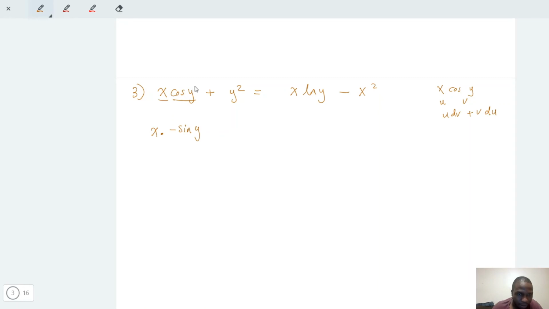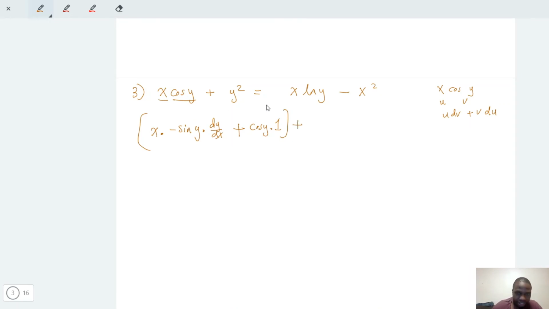Negative sine y, but because this is a function of x, a complicated function of x, according to the chain rule, differentiate the outer function, then we multiply this by the derivative of y, which is what? dy/dx, okay? For my brackets, plus is cos y, and when you find the derivative of x, you just get a 1. Okay, so that's the first guy done and dusted.